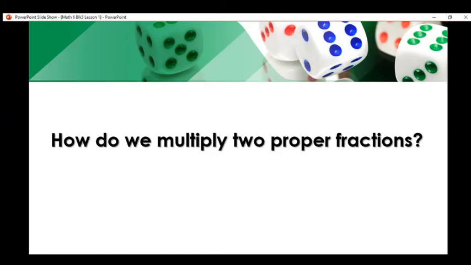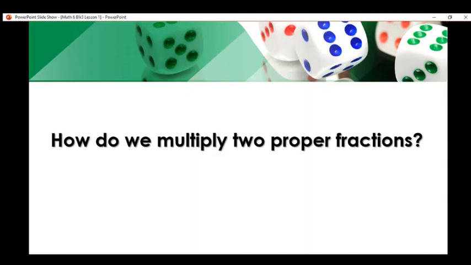So we have the question, how do we multiply two proper fractions? We multiply the numerator of the first fraction with the numerator of the second fraction, and similarly the denominator of the first fraction with the denominator of the second fraction.